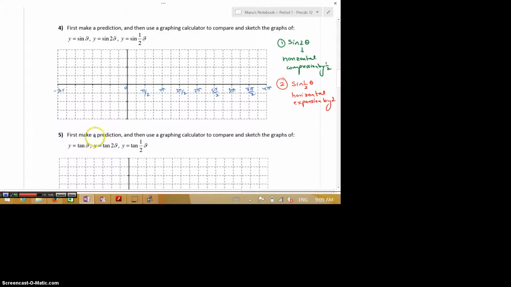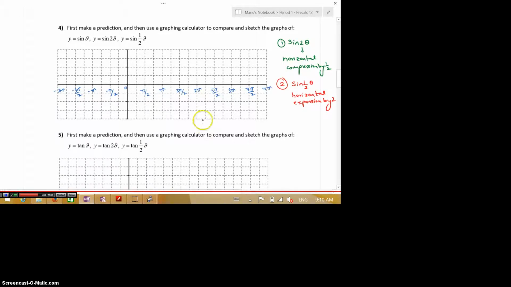Similarly, negative 2 pi, negative pi, negative pi over 2, negative 3 pi over 2. Hopefully you're okay with the labeling part of it. I'm just going up by a scale factor of pi over 2 each time. Pi over 2, 2 pi over 2, which reduces to pi, 3 pi over 2, 4 pi over 2, which reduces to 2 pi, 5 pi over 2, 6 pi over 2, which reduces to 3 pi, and 7 pi over 2, and then 8 pi over 2 reduces to 4 pi.